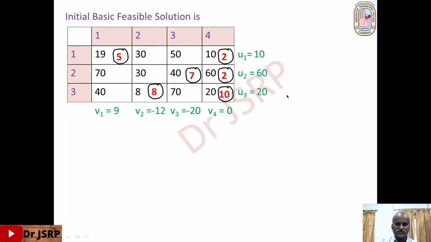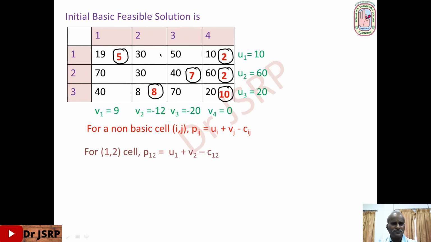Okay. So these are the U values and V values. Right. Now calculate the scalar, that is Pij, for each non-basic cell. For a non-basic cell i,j, Pij equals Ui plus Vj minus Cij. First non-basic cell, the 1,2 cell. For the 1,2 cell, P12 is the corresponding U value, U1, plus V value, V2, minus the cost C12.